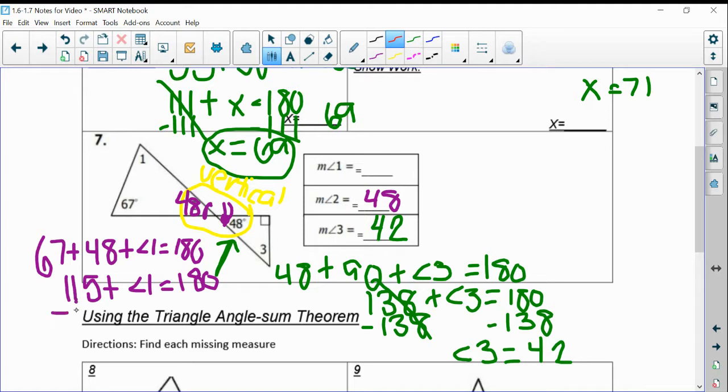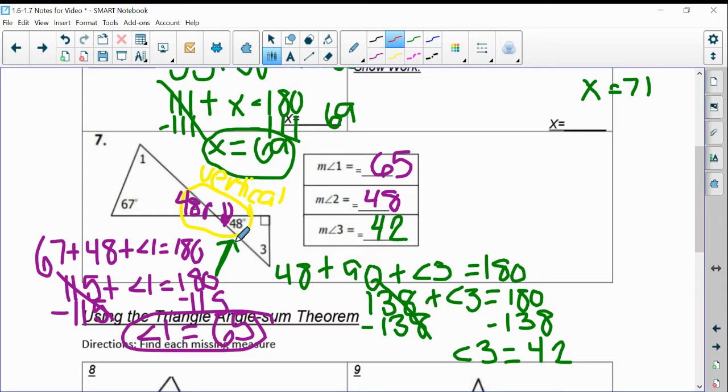We can go ahead and subtract 115 from both sides, and we get that angle 1 is equal to 65. All right, if you're still copying down any of this, you can go ahead and pause it, because I am going to scroll down and do our triangle sum theorem examples.